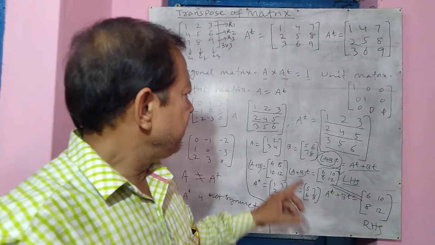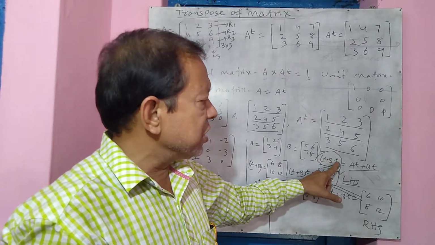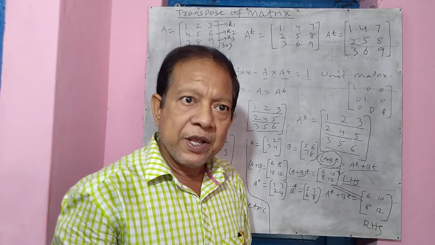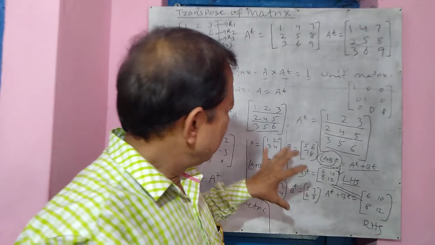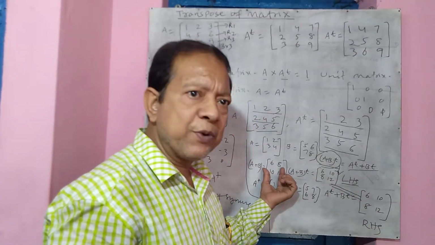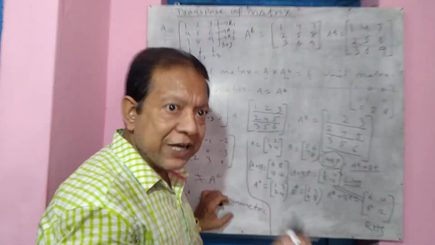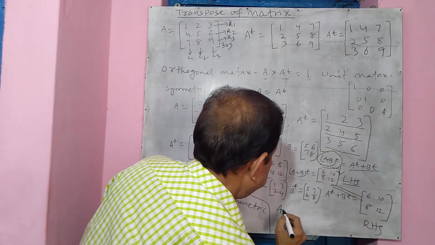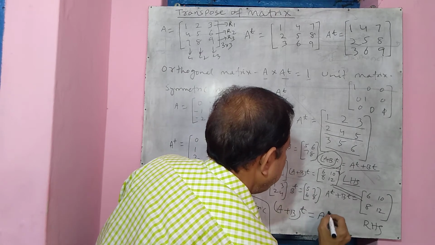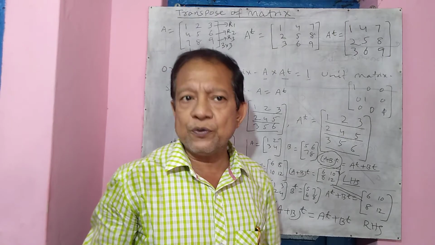Questions will be given to you. If A is this, B is this, then find out whether A plus B transpose is equal to A transpose plus B transpose. You can take the matrix from your own mind. You can take a 3 into 3 matrix from your own mind and find out in your own house, get some practice. Whether the statement A plus B transpose is equal to A transpose plus B transpose is true or false.